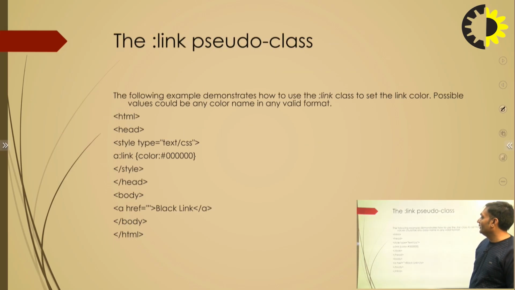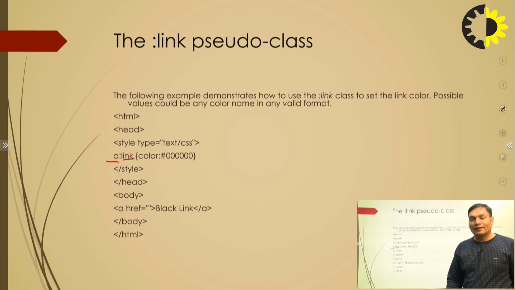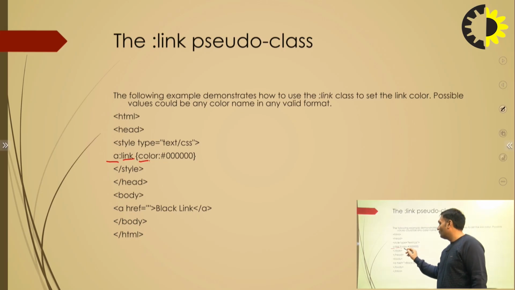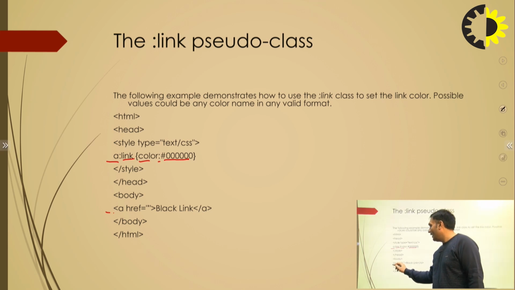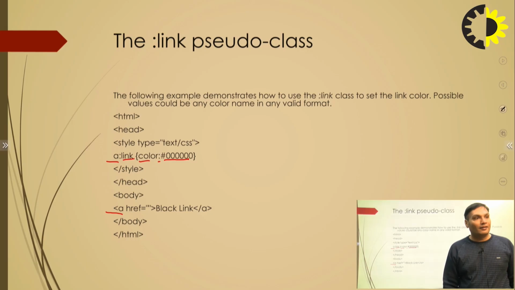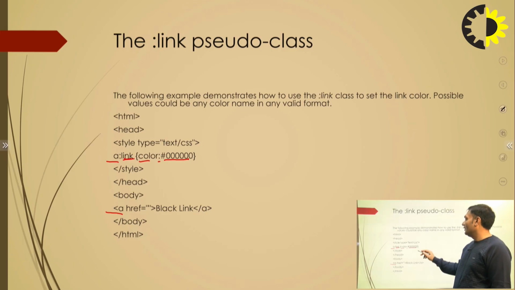So let's see an example of the link pseudo-class. The selector here is a, and the pseudo-class name is link, then curly braces, then the property, colon, and the possible value. When we are creating an anchor tag, we can style it with the link pseudo-class with this color value.